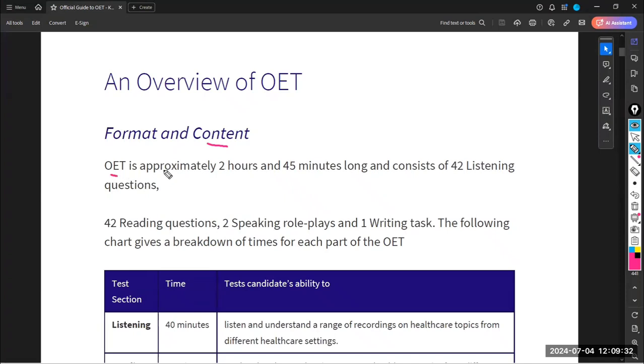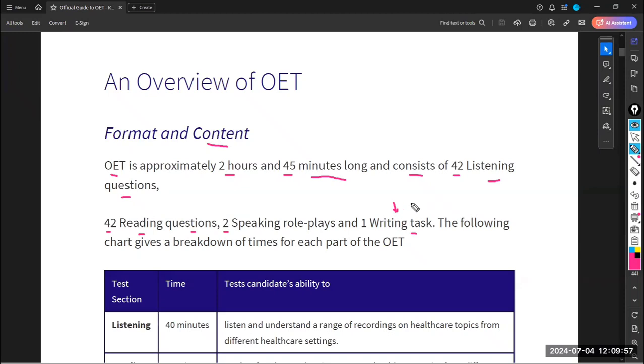The OET exam is approximately about 2 hours and 45 minutes long. This exam consists of 42 listening questions, 42 reading questions, 2 speaking role plays, and 1 writing task. The 1 writing task is going to be about writing a letter.